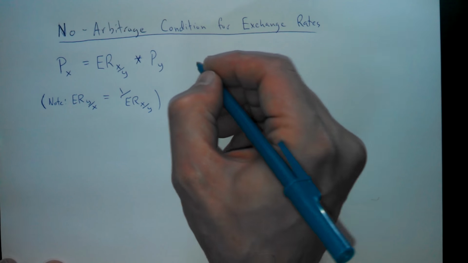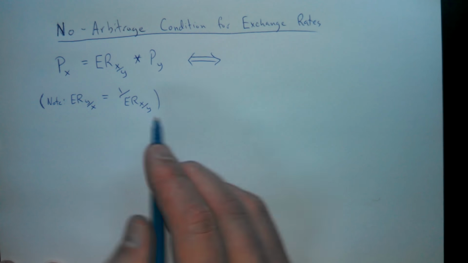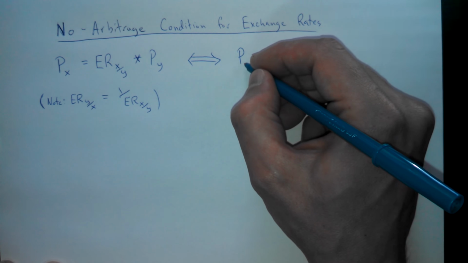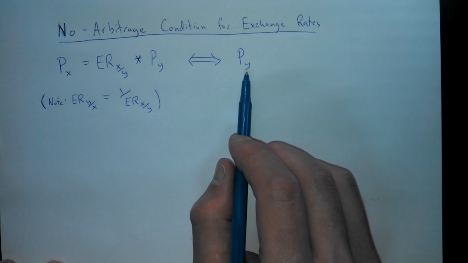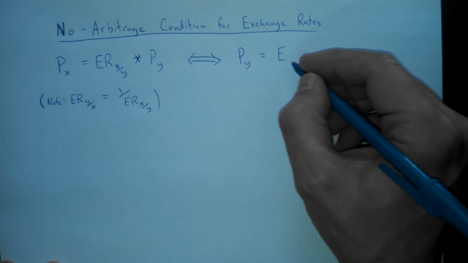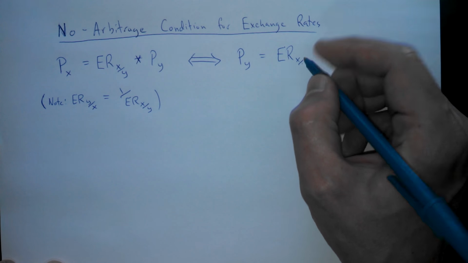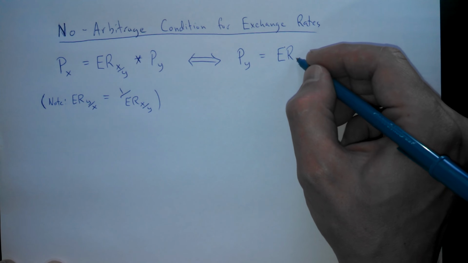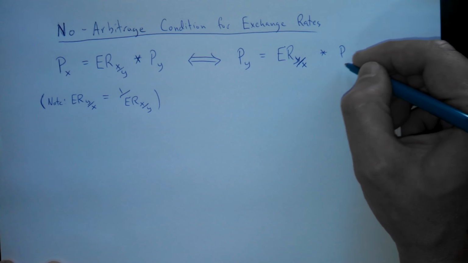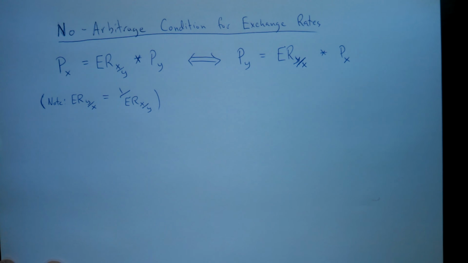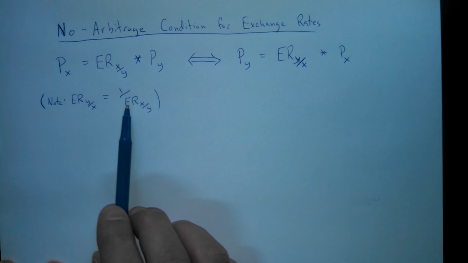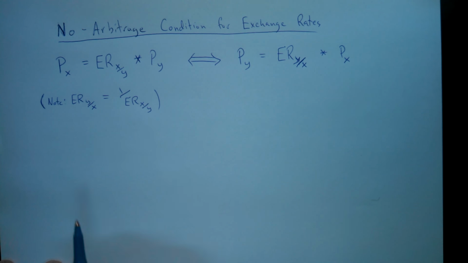What that means is that an equivalent condition is that the price of the particular good you're thinking about, in units of currency from country Y, must be equal to the inverse exchange rate, the exchange rate of Y in terms of X, multiplied by the price in country X. These conditions are equivalent because the two exchange rates are inverses of each other.